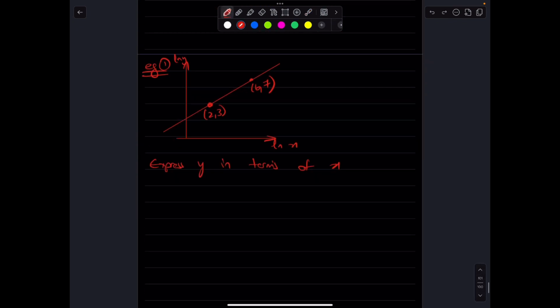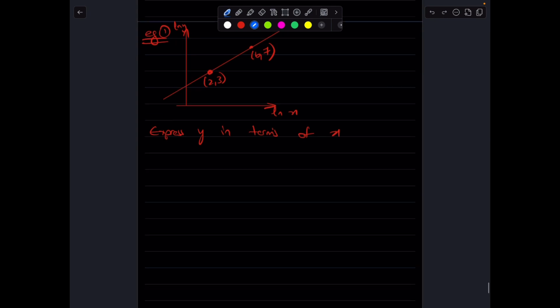So the first step is to find the gradient. And for the gradient, I'll use the formula y2 minus y1 over x2 minus x1. This gives me the gradient.